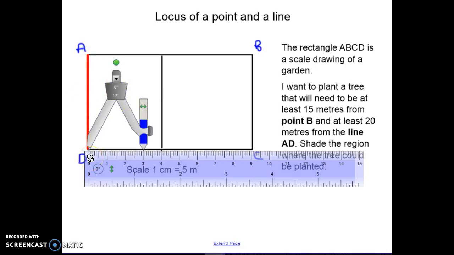For the second part of my question, I'm going to need compasses. Using the scale I've been given, 15 metres equates to 3 centimetres.